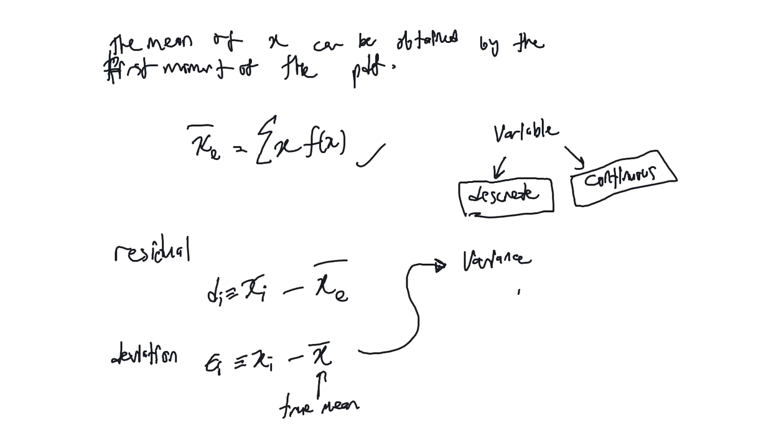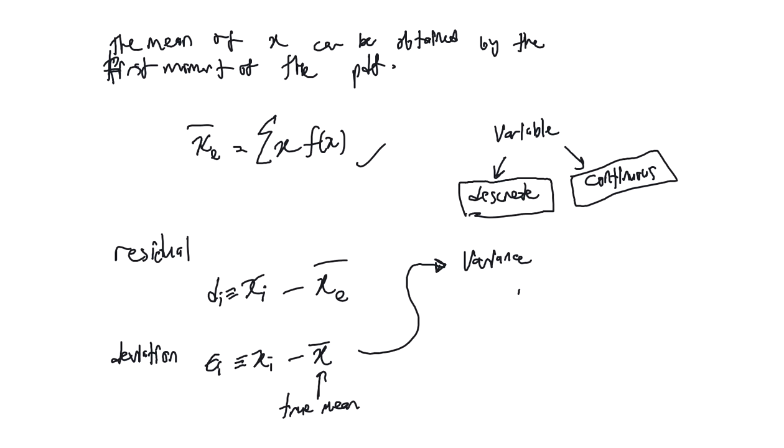It must be squared because you always want the positive value. There will be cases where your measured value is smaller than the true mean, which means the deviation is negative.